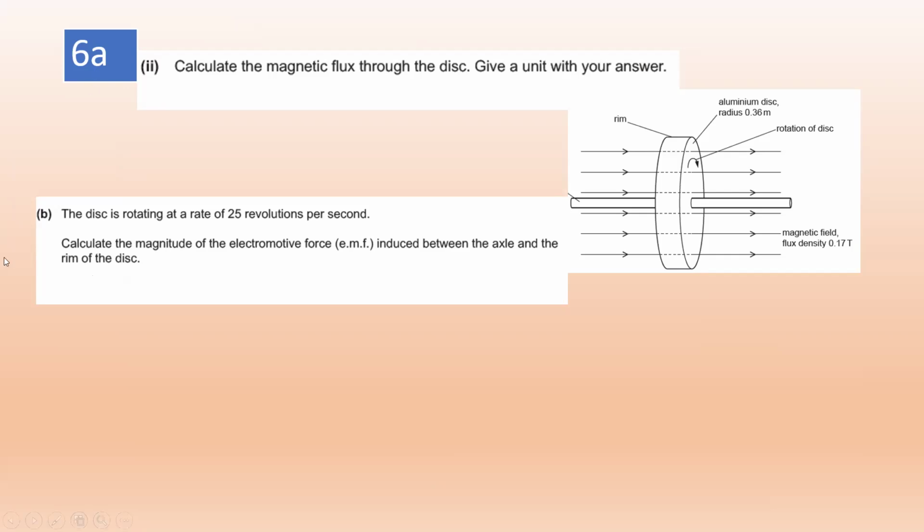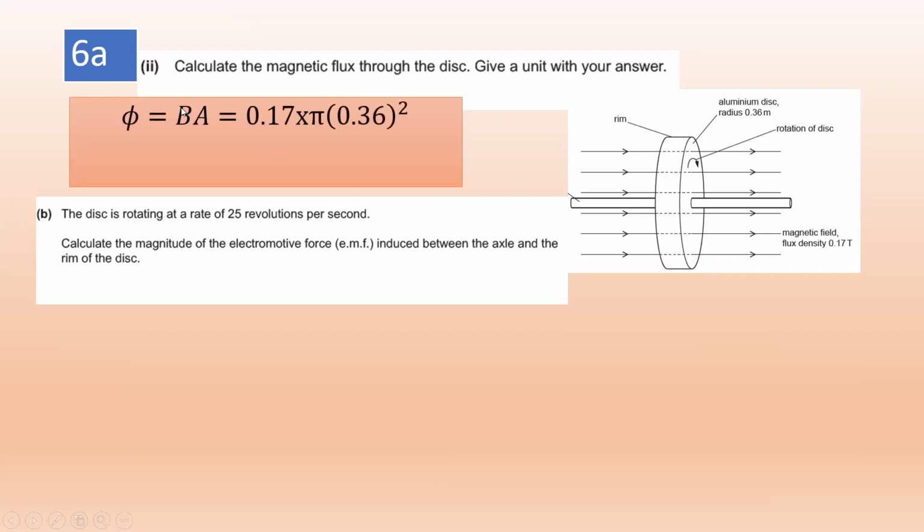B times the area of the rotating disc. So that's your BA. There's your B, and pi r square, pi times radius squared. And then it's in Weber.